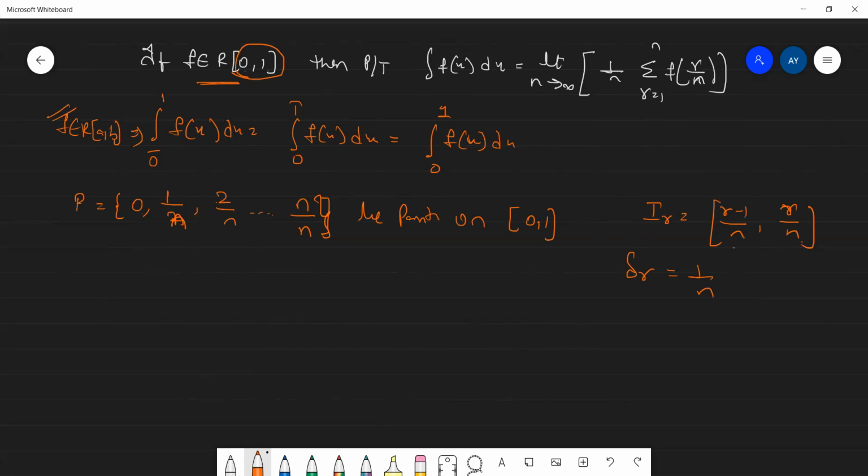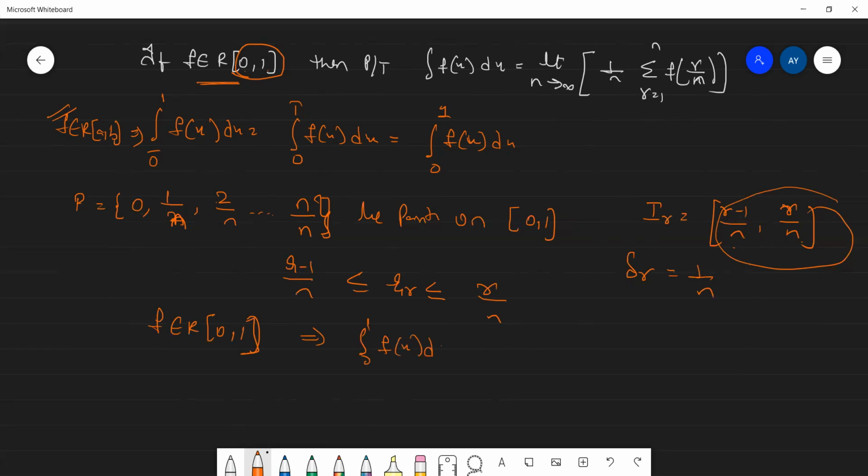So same thing. The epsilon 1r will be in this interval. So (r minus 1) by n is less than or equal to epsilon 1r, which is less than or equal to r by n. And they already gave f belongs to R over [0,1]. So how is this defined? This is a closed interval. The integral from 0 to 1 of f of x dx is equal to the limit as n tends to infinity of the summation of f of epsilon 1r into 1 by n. So take epsilon 1r equal to r by n. Now substitute, taking epsilon 1r equal to r by n.